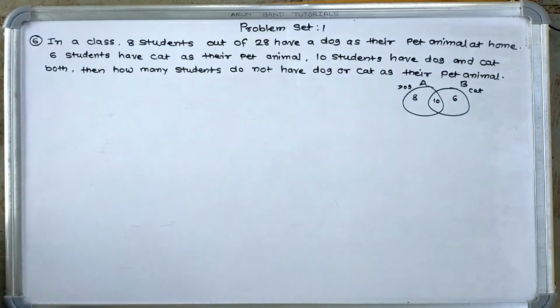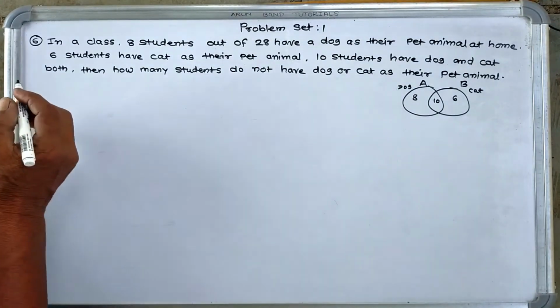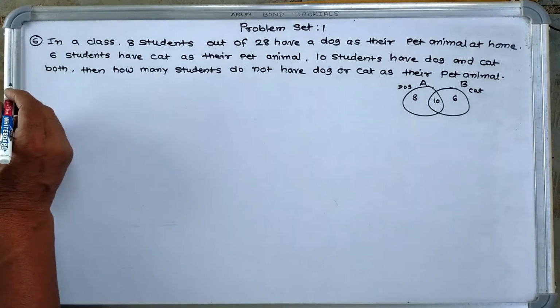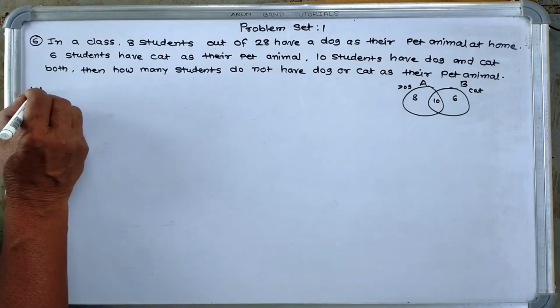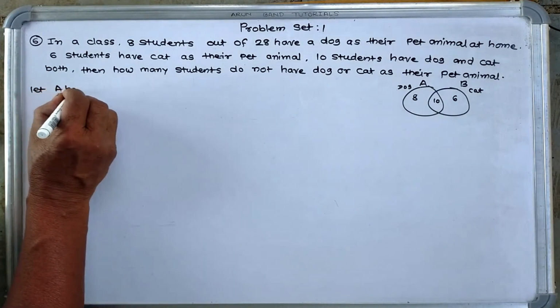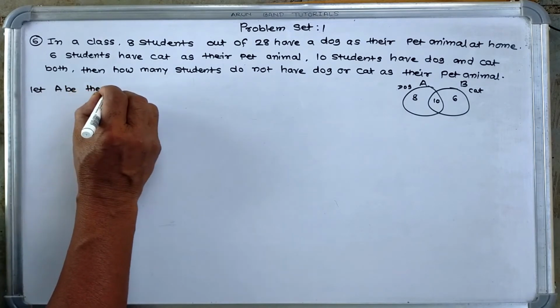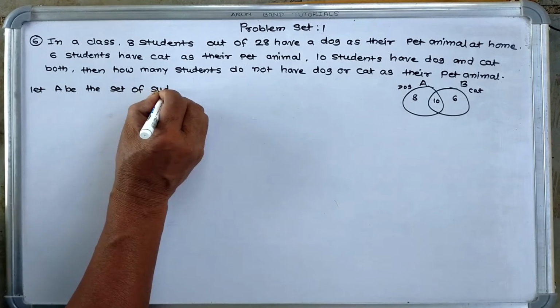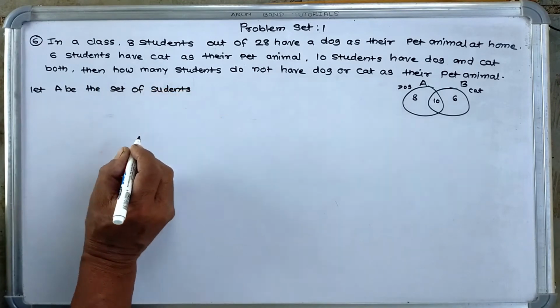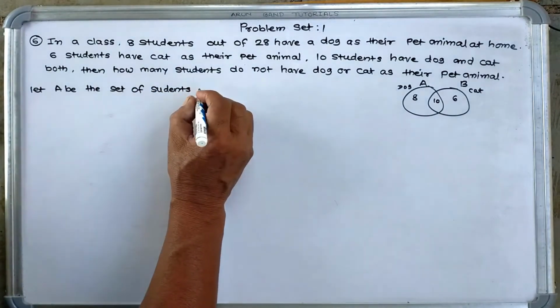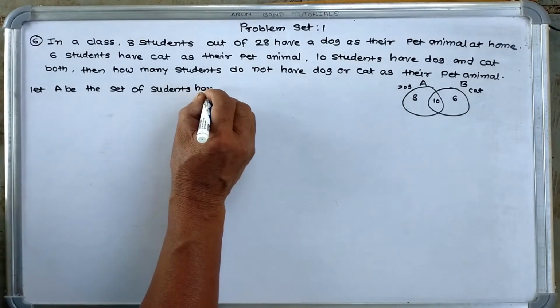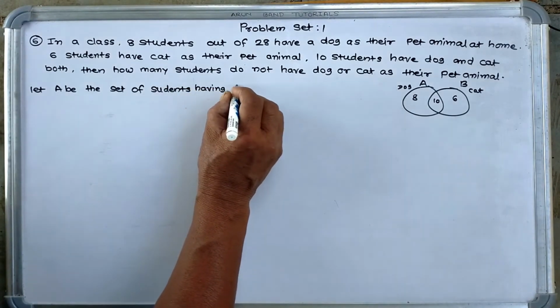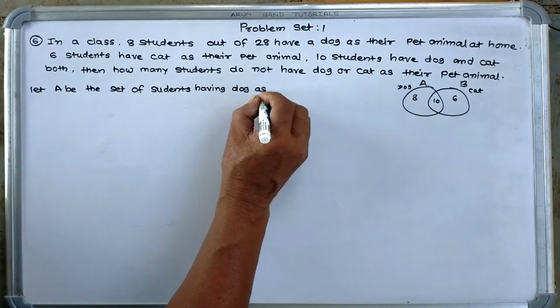So here we will take, let A be the set of students having dog as pet animal.